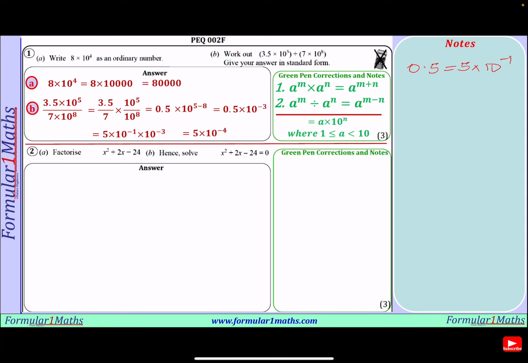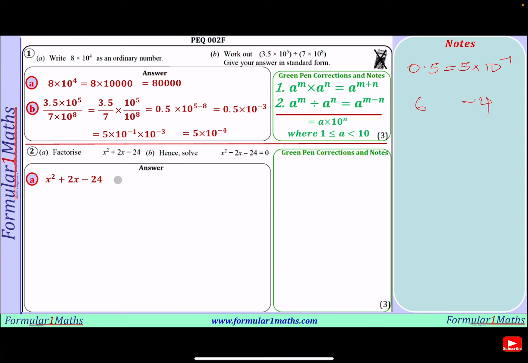A. Factorize x squared plus 2x minus 24. Hence solve x squared plus 2x minus 24 equals 0. So to factorize this one here, I need to find 2 numbers which will multiply to give me minus 24 and add to give me 2. So looking at it critically, you see that the numbers I'm looking for will be 6 and minus 4.